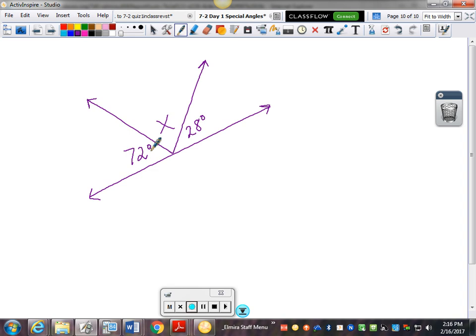And you're trying to find x. Well, let's arc out what's labeled. Arc, arc, and arc. And it ended up making that half circle shape. So that means I'm starting at 180. But instead of just subtracting out 72, I'm also going to subtract out 28. I have two angles I have to subtract out so that I can figure out what x is.